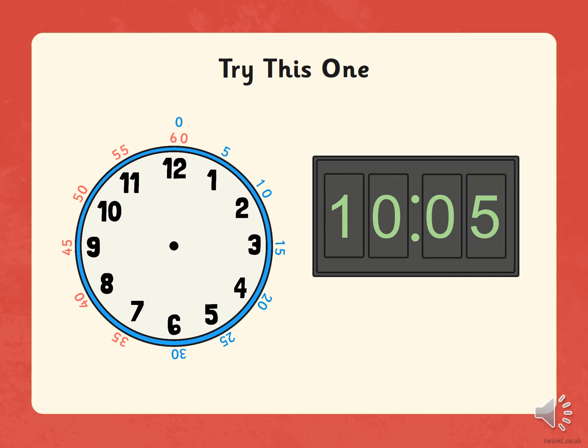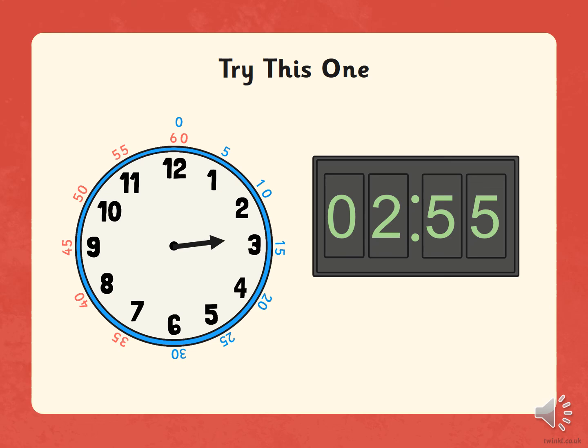10:05. So the first number we have to click on is, that's right, the 10. And now we have to count around 5 minutes. So what number do you think that's going to go to? The 1. Let's see if you're right. 0, 5. You're correct. 10:05 is on the 1. 2:55.